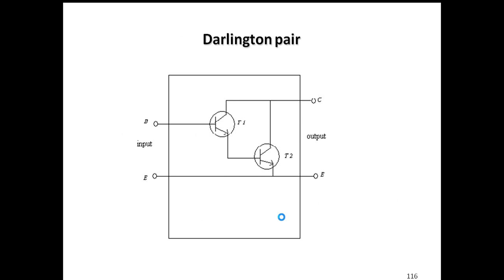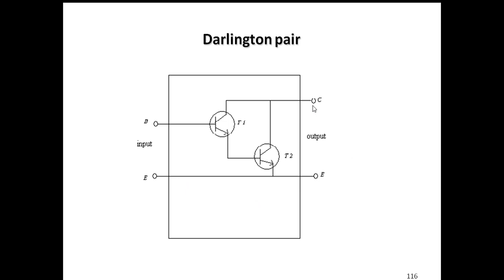This is a Darlington pair connection, and this rectangular box is the package. So outside, only three terminals, base, emitter, and collector, came out. This is the emitter connection, this is the base connection, this is the collector connection.